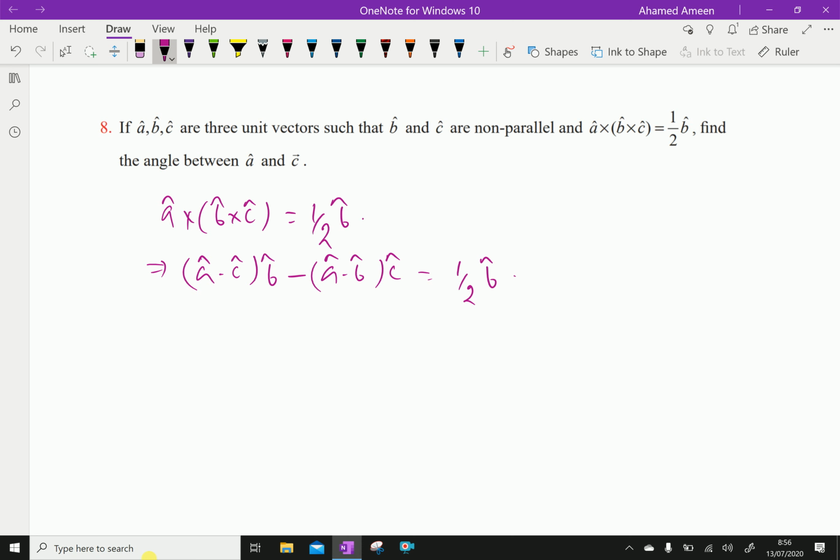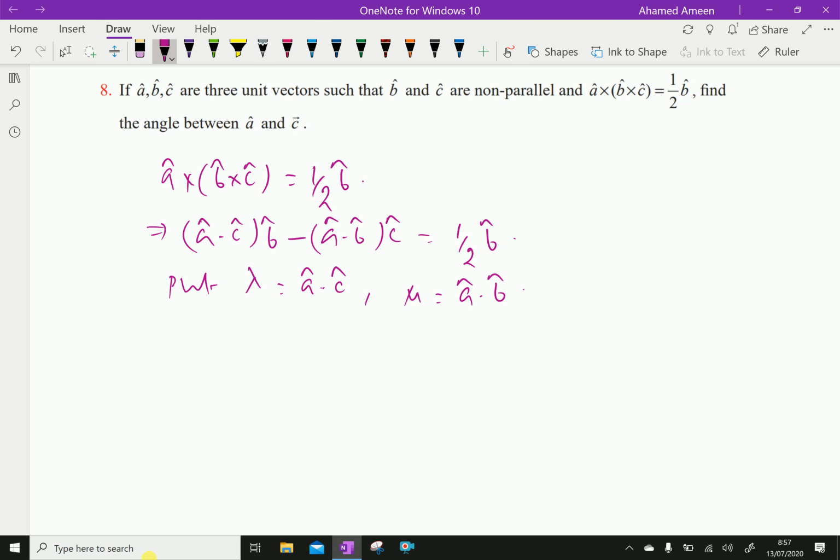Now let us put lambda equal to A cap dot C and mu equal to A cap dot B cap. Therefore the above vector expression we can write as lambda B minus mu C, which is equal to half of B cap.